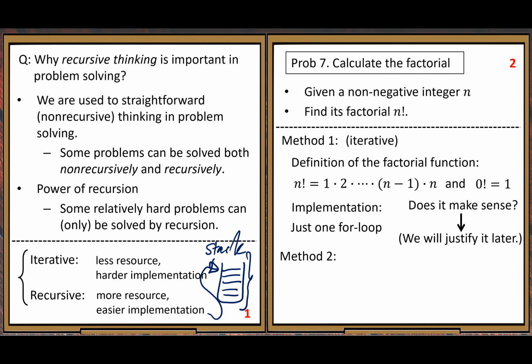The idea: here we want to apply a general problem-solving approach. What's that? Divide and conquer.